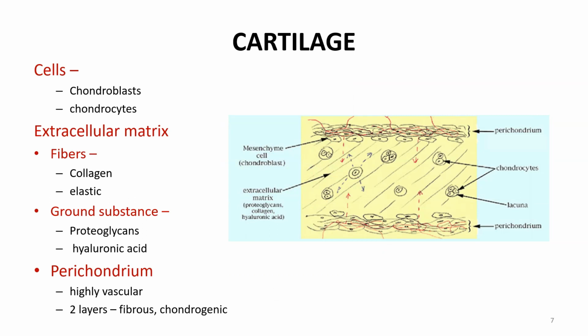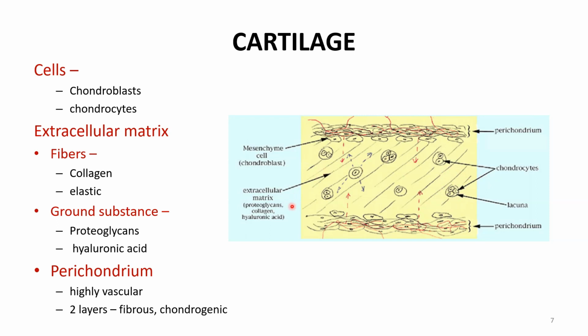In this picture, you can see the constituents of the cartilage, that is cells and extracellular matrix. The cells can be chondroblasts, the young cells, and the chondrocytes, the adult cells, which can be seen in groups, and they are located in what is known as cell nests or lacunae.